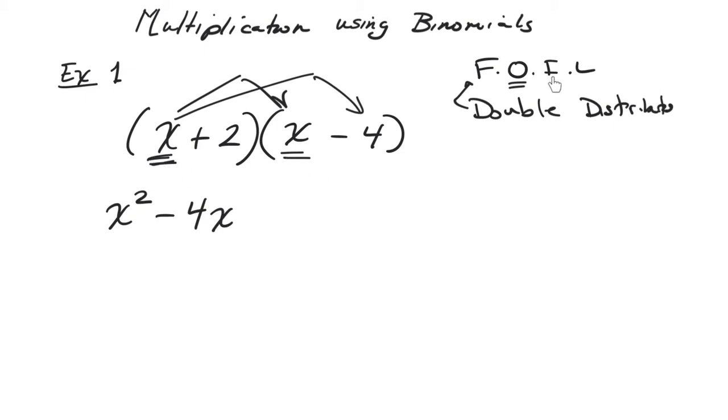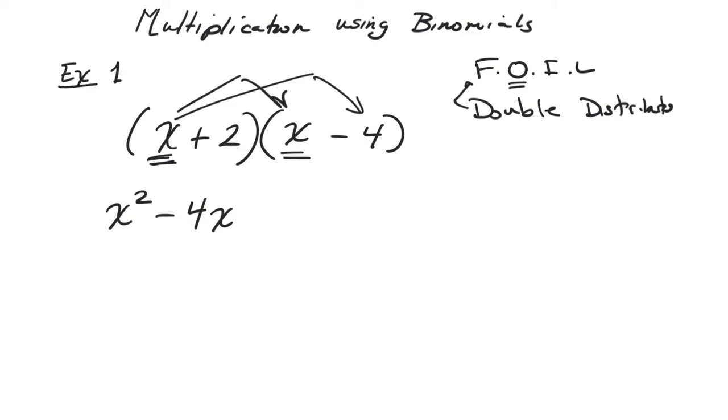And the I stands for the inners, the two in between. I just call this double distribution. I've distributed the x across, and now however many terms are in the first group, I must distribute each to the second group. After I'm done with my distributive property with the first one, I can go ahead to the second one and do my distributive property.